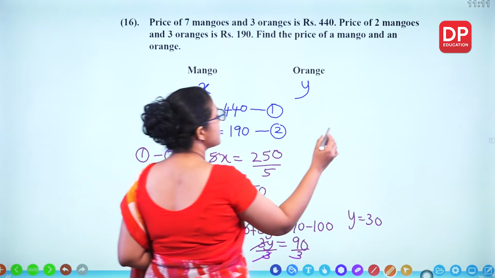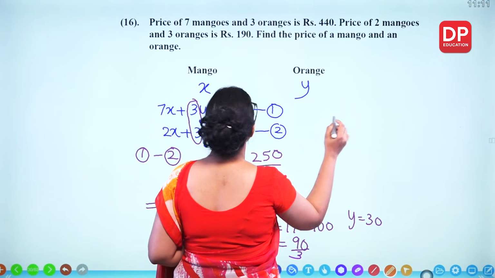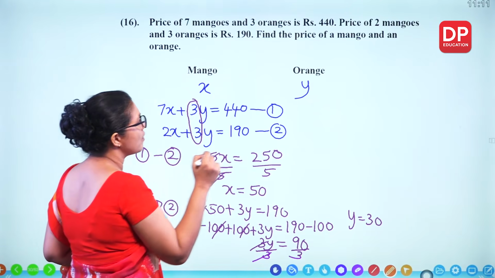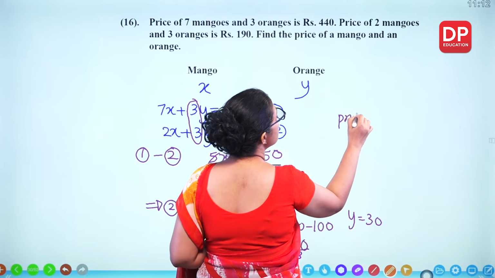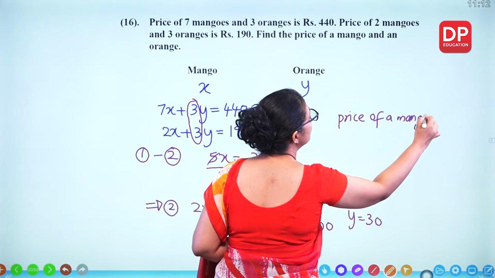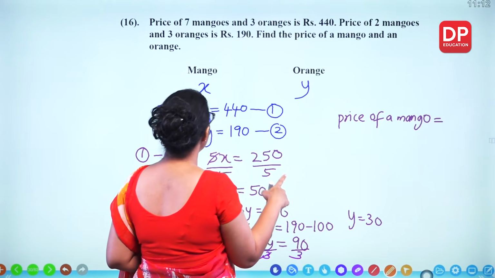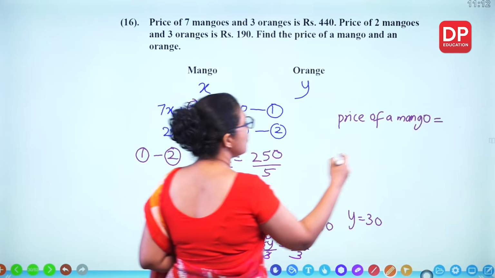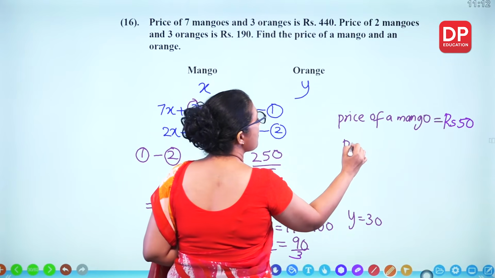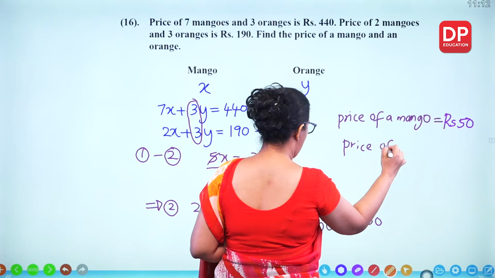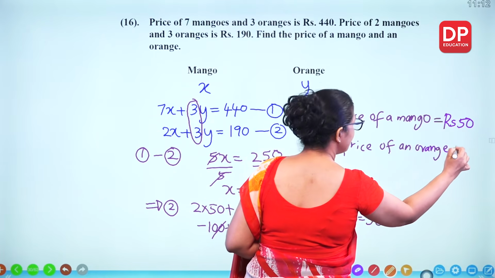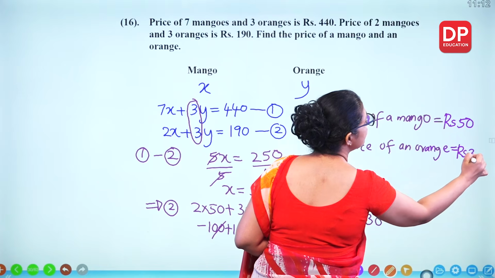Now we found x, which is the price of a mango. So the price of a mango is, that's x, we found 50 rupees. Price of an orange, 30 rupees.